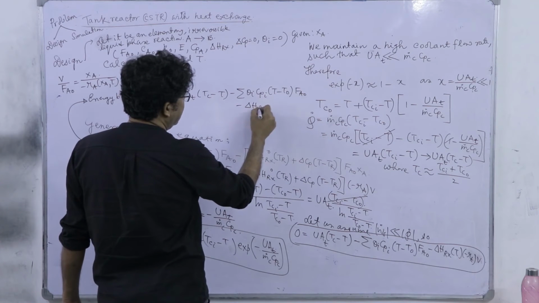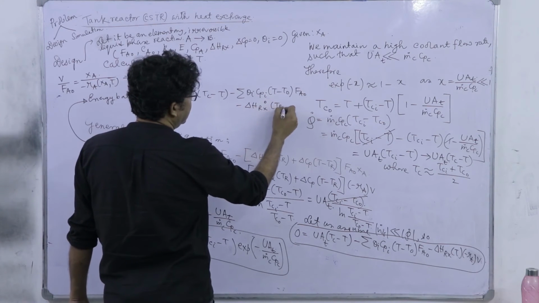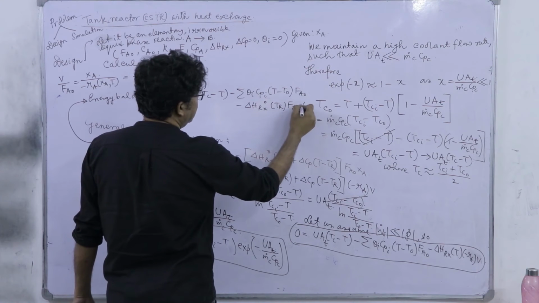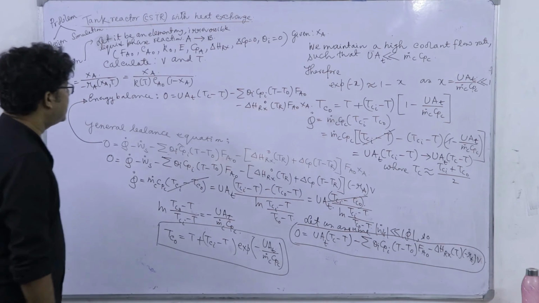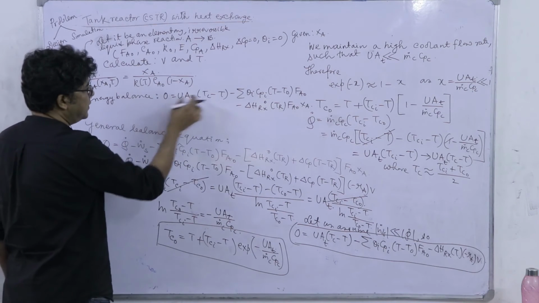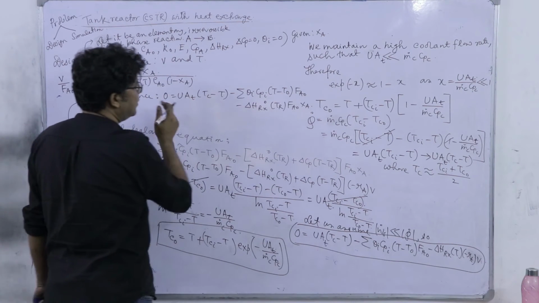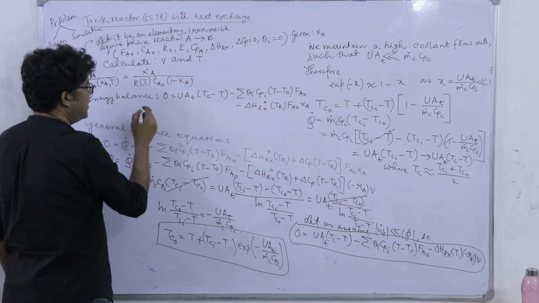So, delta H Rx at Tr into Fa naught into Xa. Right. So, what you can do is switch the T terms to one side.